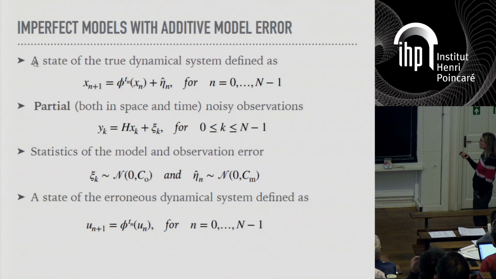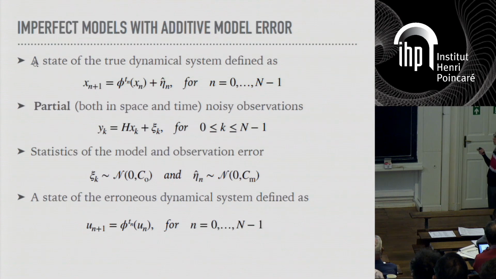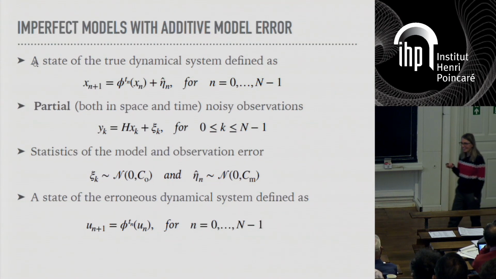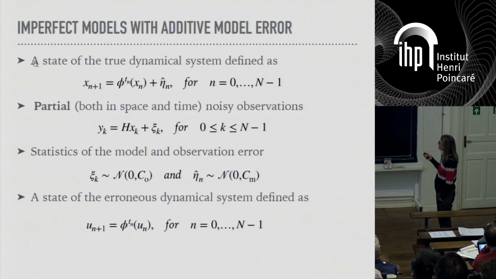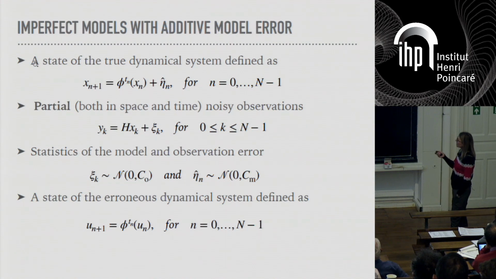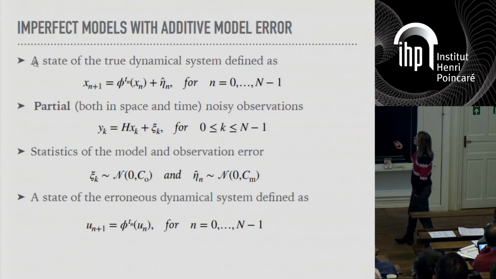We know that the observation error is drawn from a normal distribution with zero mean and known observation error covariance. We also assume that the model error is drawn from a zero-mean distribution with a known model error covariance. Then the state of this imperfect model is deterministic, so we don't have this true noise.